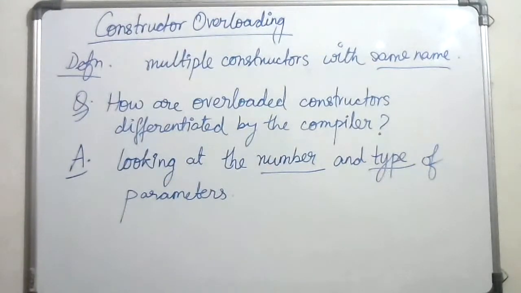So how does it differentiate? It looks at the number of parameters that the parameterized constructor or non-parameterized constructor has. Non-parameterized basically boils down to the default constructor.